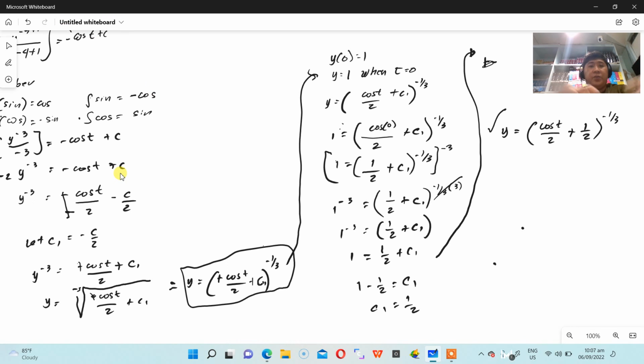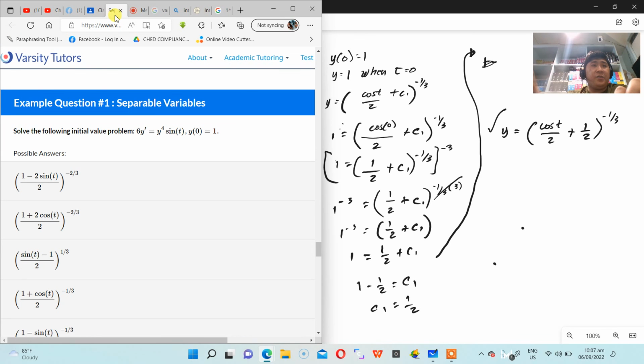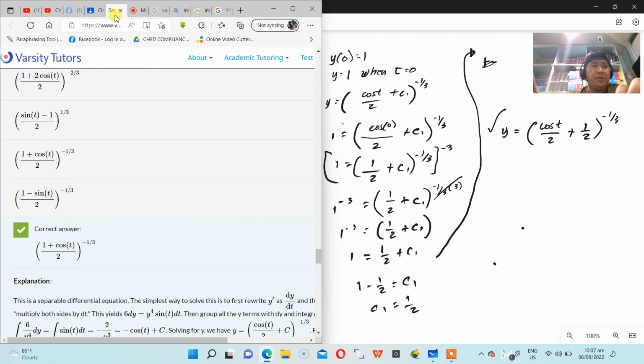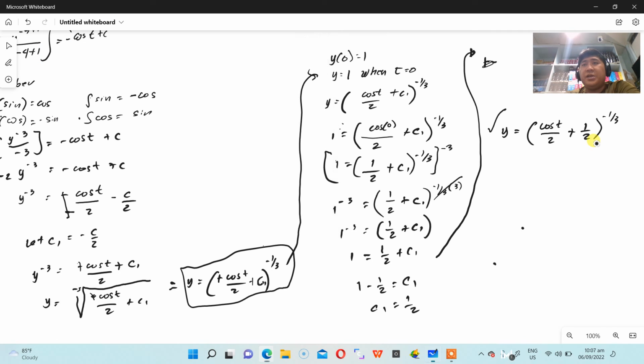To fit it with this answer, we could transform this one to this. Y equals, since they both have the same denominator, we have 2 cosine t plus 1 raised to the power of negative 1/3.